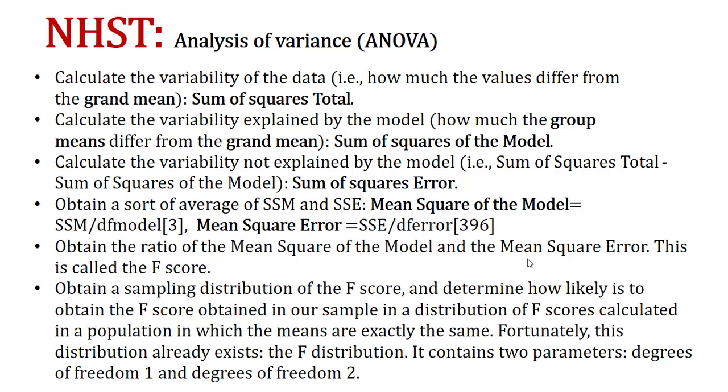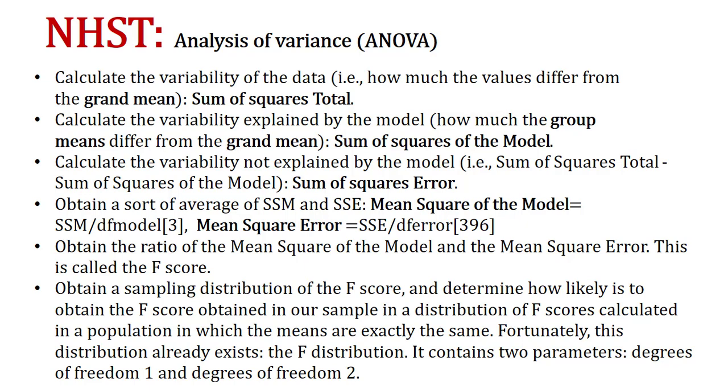And then we calculate the sort of average of those values. We don't need to do it with the total, but we calculate the mean of the square errors and the mean of the squares of the model. For the mean square of the model, we do the sum of squares of the model divided by the degrees of freedom of the model, which in this case is 3, because we've got 4 groups. The degrees of freedom is 1 less than that, so it's 3.